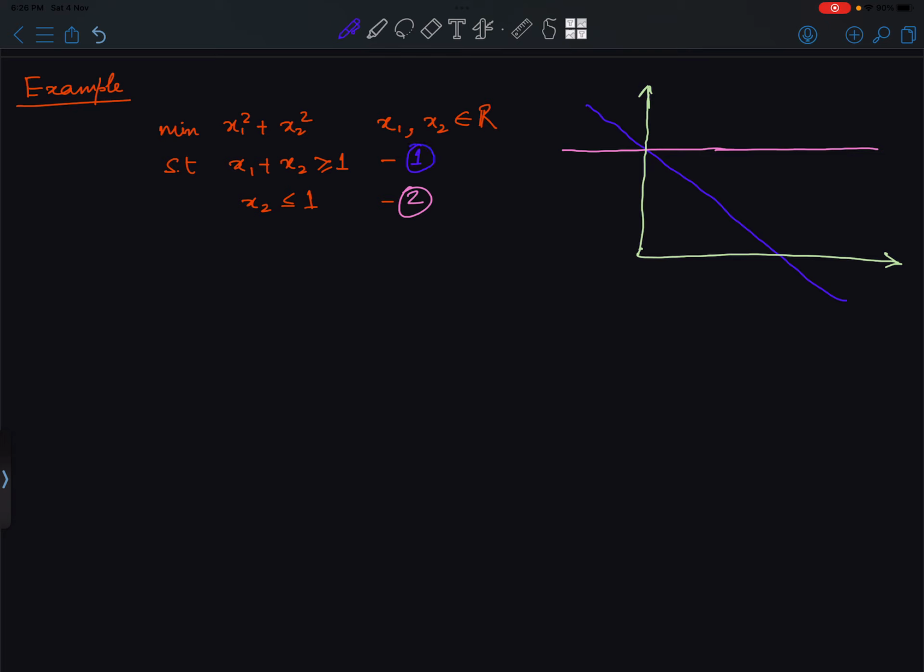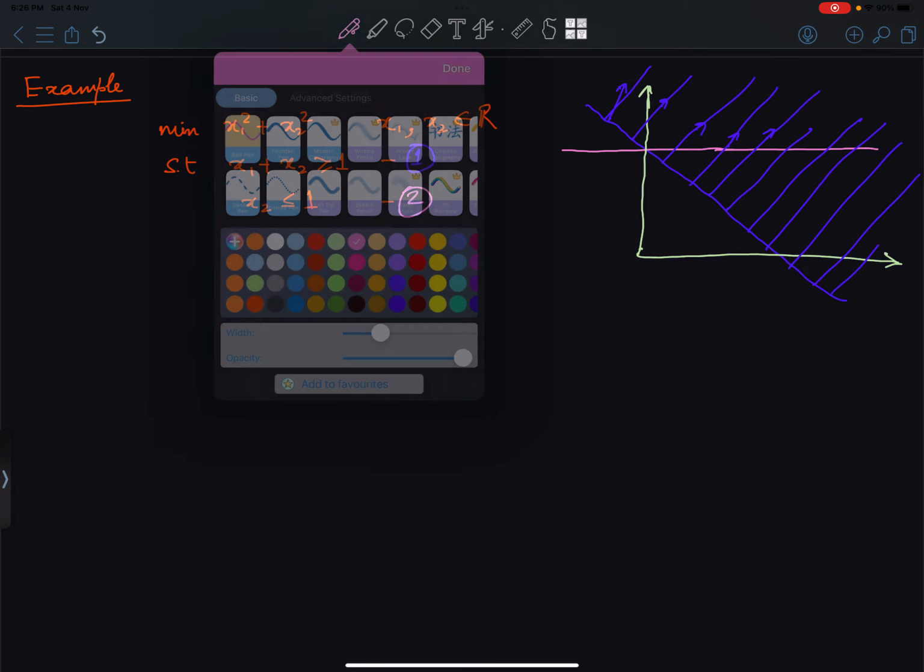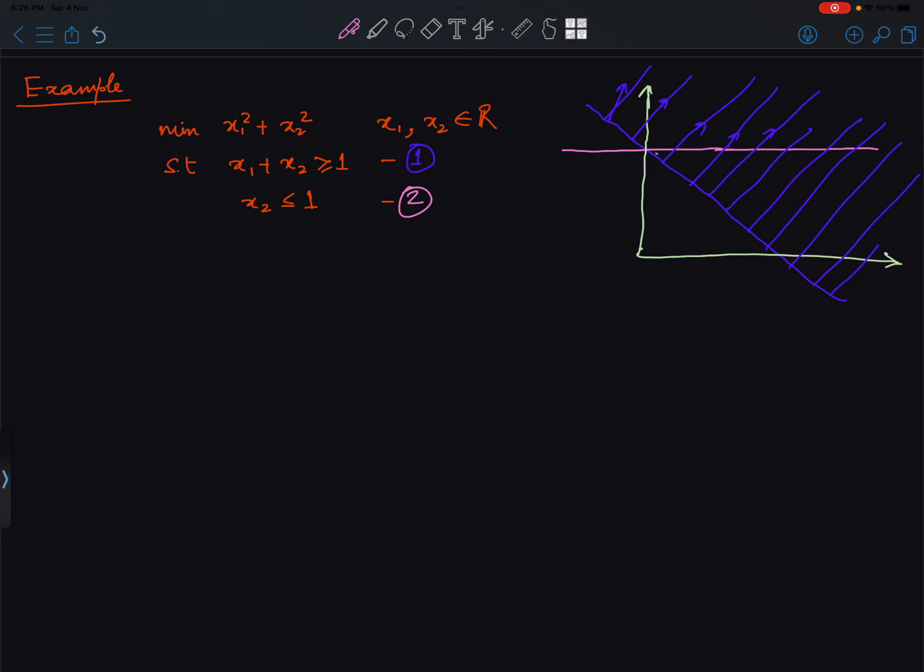Constraint number 1 says that x1 plus x2 is greater than 1, so basically this entire region, and my constraint 2 says that x2 is less than 1, so basically this space.